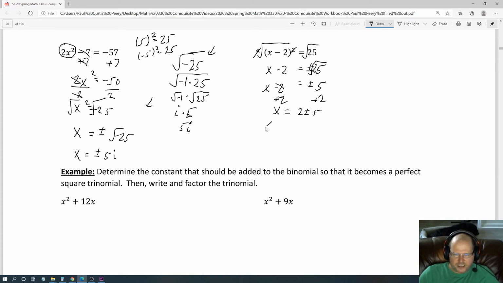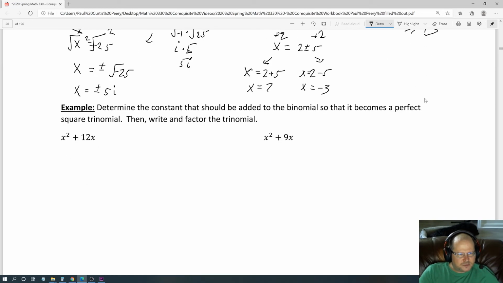Now at this point we need to break it apart into the positive version, which is x equals 2 plus 5, and the negative version, which is x equals 2 minus 5. What this does is allow us to simplify further. So 2 plus 5 is 7, and 2 minus 5 is negative 3. And at that point, we got it, right? Now you can always go back and check these answers. These are equations, so you can check your answers, which is not a bad idea.